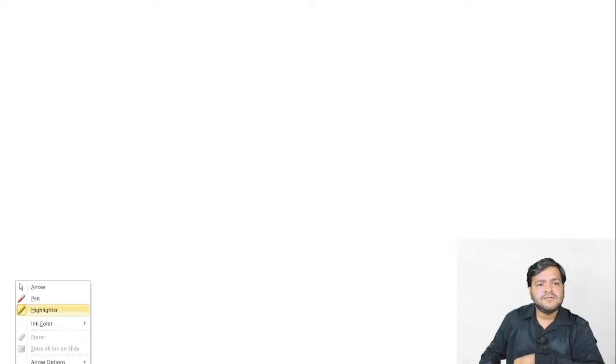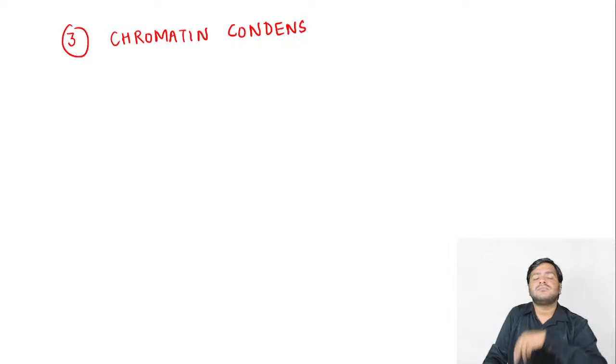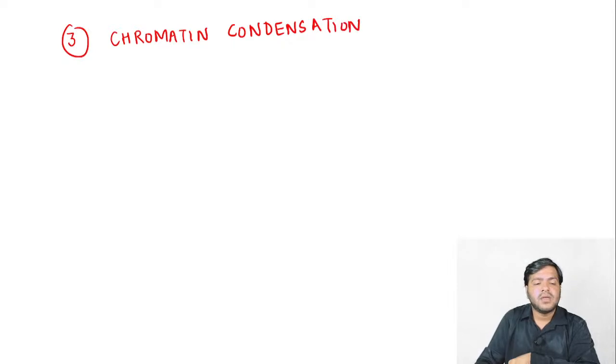Apart from that, coming on to the third point, the third feature of apoptosis, it is chromatin condensation. Now, suppose this is a DNA.